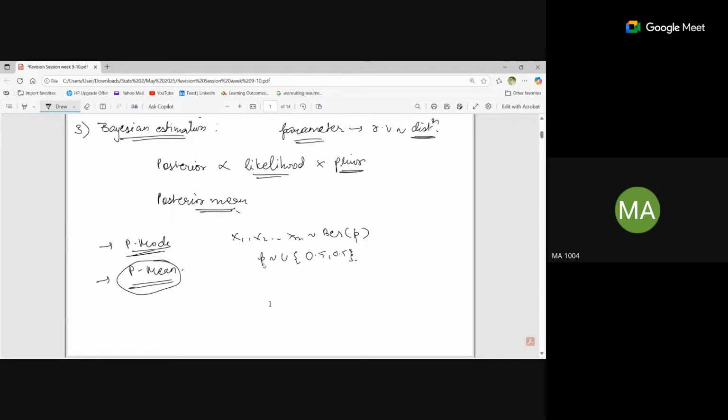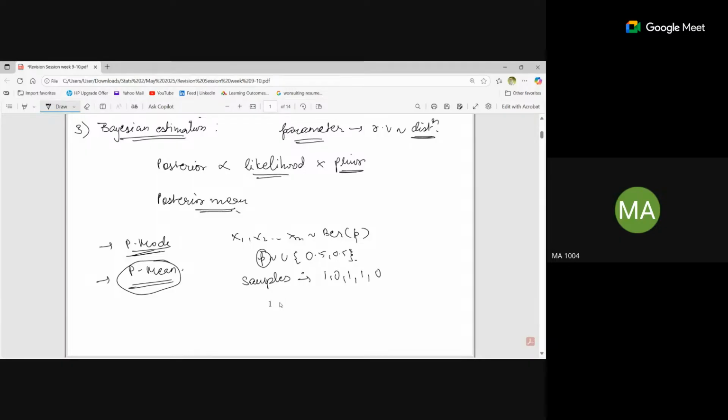So now we will be taking some samples, right? Now, this p parameter is following a discrete distribution. Now, we would be finding the posterior mode. How do we do that? We take samples. Let's suppose I have 1, 0, 1, 1, 0.